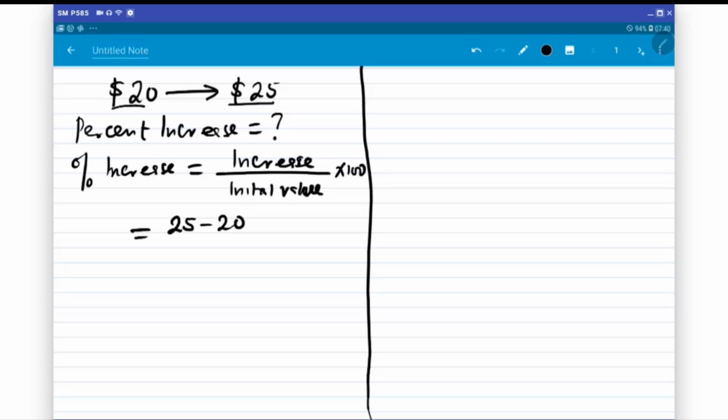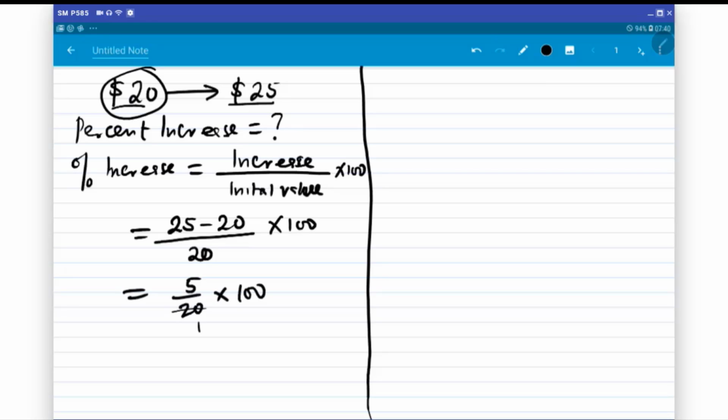That's the final minus initial, divided by the initial, where the increase started from, which is 20, times 100. And this gives us 5 over 20 times 100. So 20 here, 1 here, 5. So what do we have? We have a 25% increase in the price to have $25.